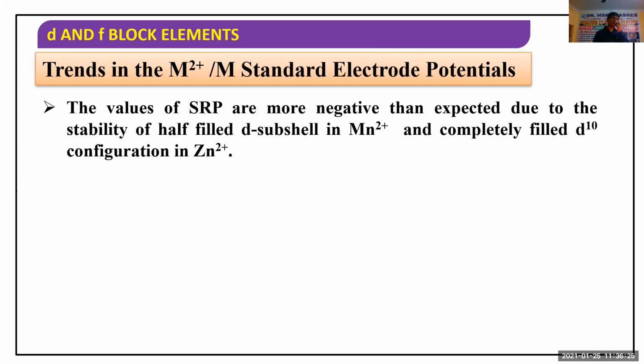So you can say the values of standard reduction potential are more negative than expected due to the stability of half-filled subshells in manganese 2+ and the completely filled d10 configuration in zinc 2+ also. For this reason, the standard reduction potential is more negative, because this is very stable.